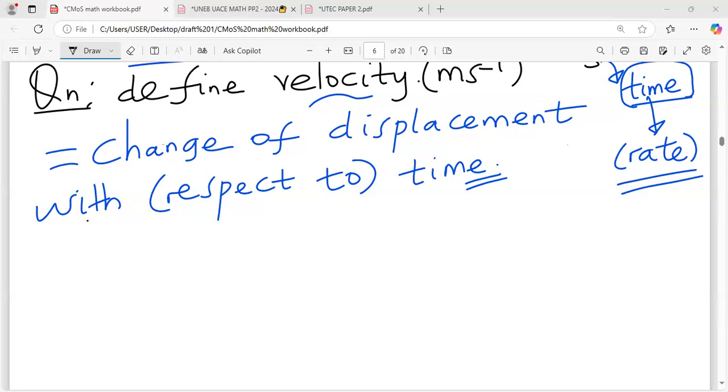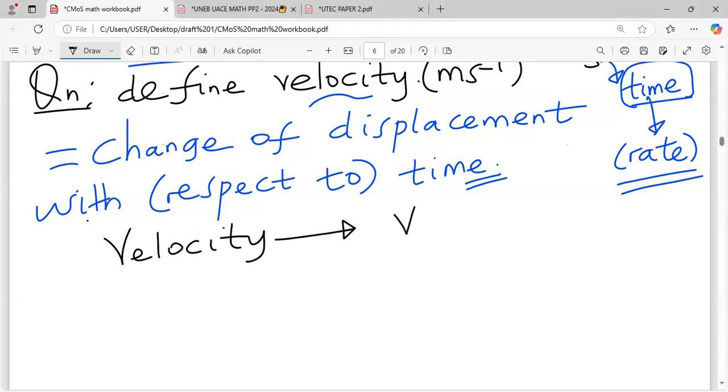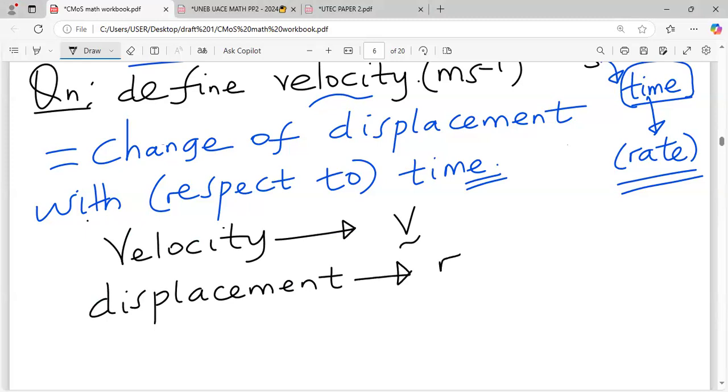So I want to teach you this, that in math, velocity, we are going to be showing it as v, but it's a vector quantity. So I'll put a tilde to mean vector. Then displacement, this way we call it r. Every time you see us using r, we are meaning displacement.